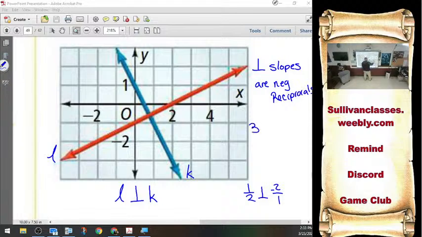So if one of them has a slope of 3, what's 3 as a fraction? 3 over 1. Flip it, change the sign. If my original was negative 1/5, flip it, change the sign.